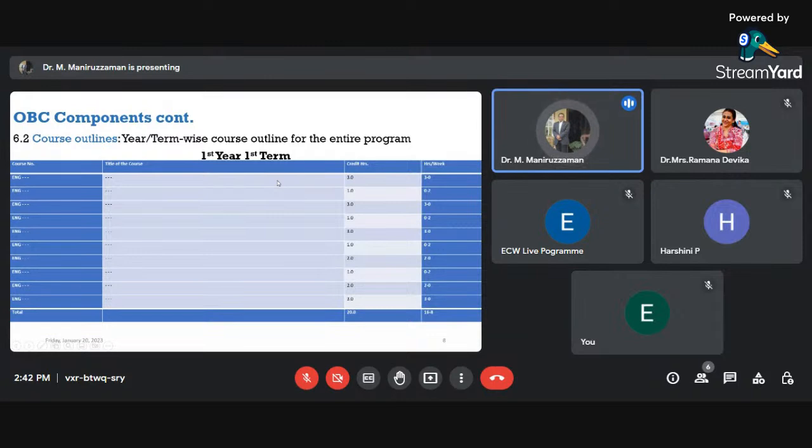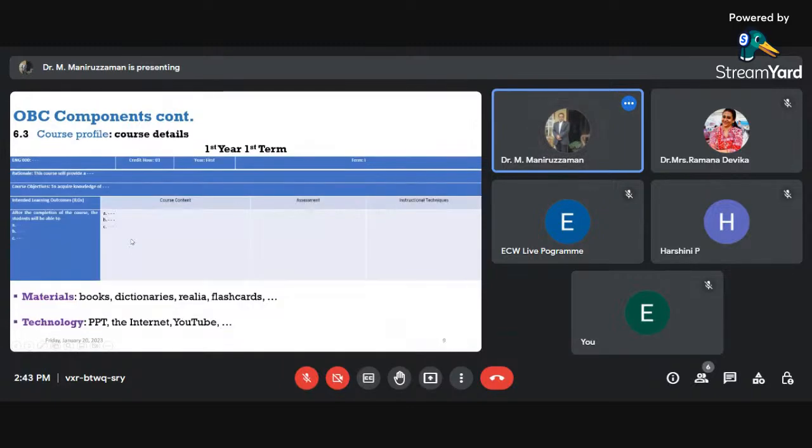Then intended learning outcomes. After the completion of the course, the students will be able to do something. Then we have to write the course contents, which will help students achieve the learning outcomes. Then we have to write here the assessment system, how we will measure how far the students have achieved the learning outcomes.